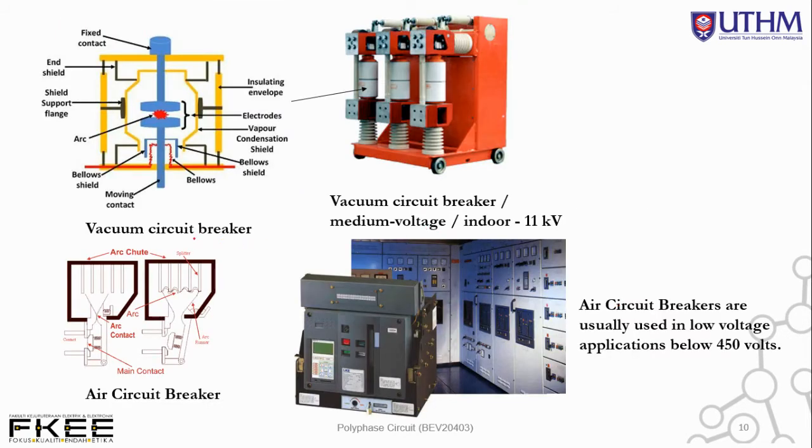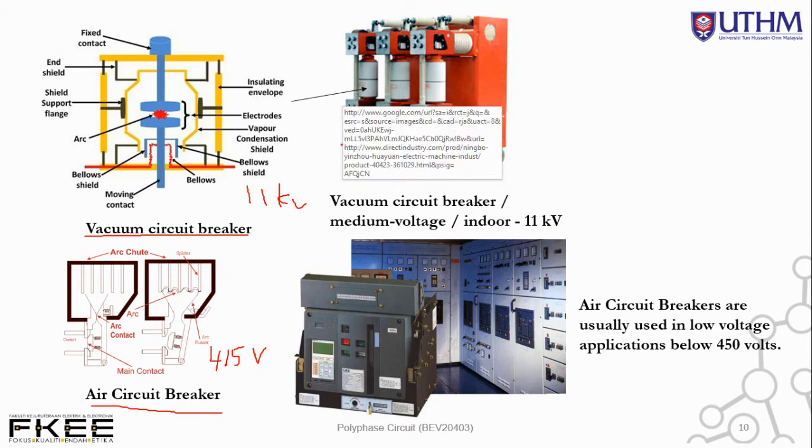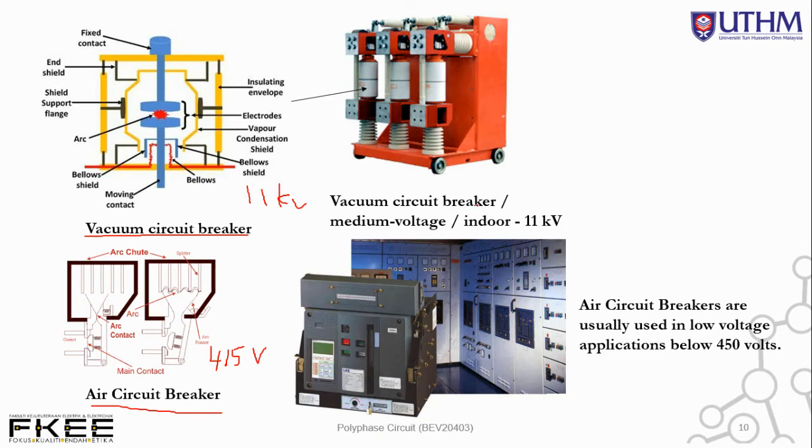A bit more on the circuit breaker. We have seen the vacuum circuit breaker, which we put inside the 11 kV substation, and this other circuit breaker, which deals with 415 volt. It depends on the structure or design of the circuit breaker to withstand 11 kV.